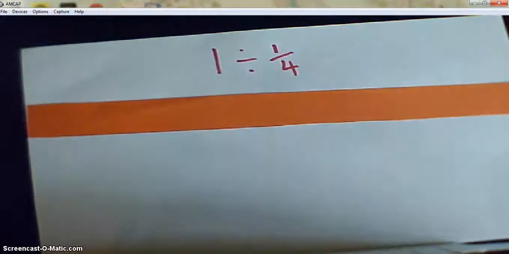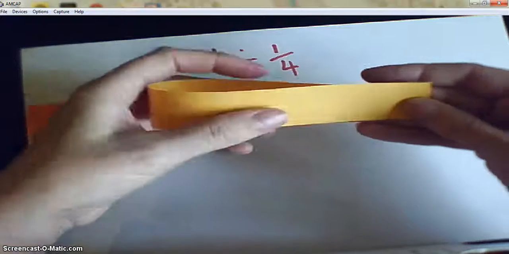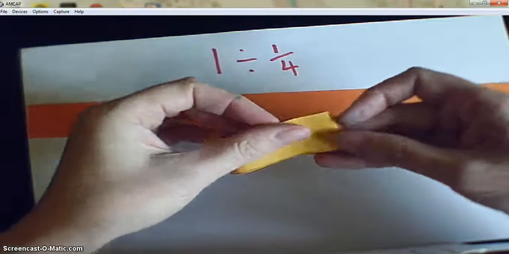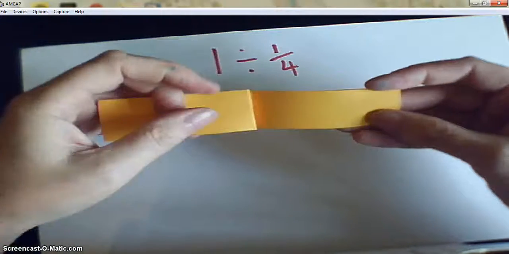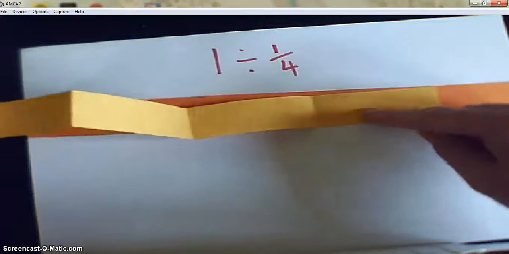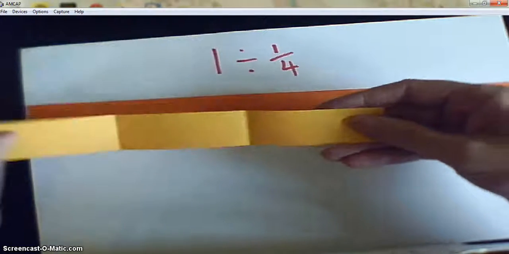So what we do, and this is a nice way of demonstrating it visually, is we take our whole and we physically make it into quarters. Then once we've made it into the quarters, what you could do is simply count 1, 2, 3, 4 of them, and that's fine. That's what they did on the Teachers TV.